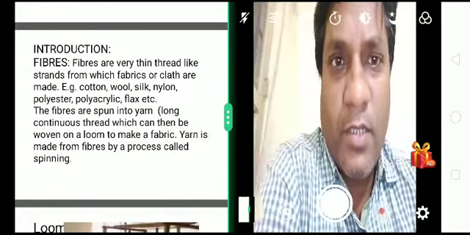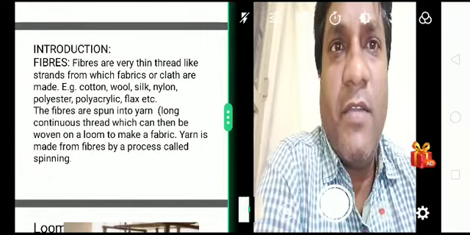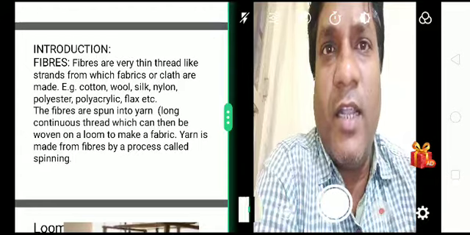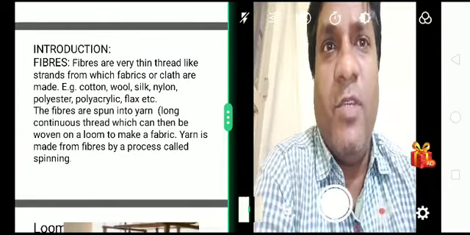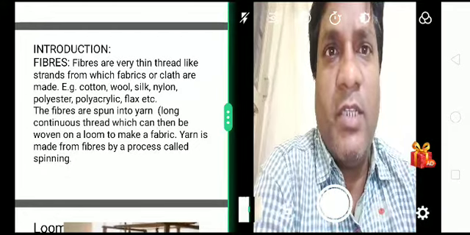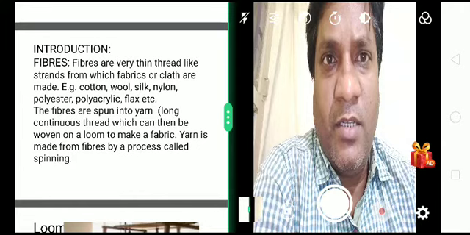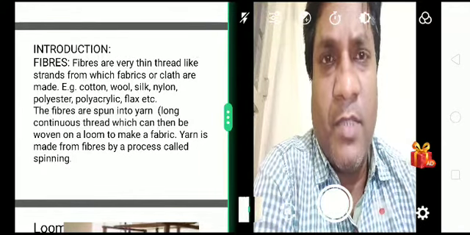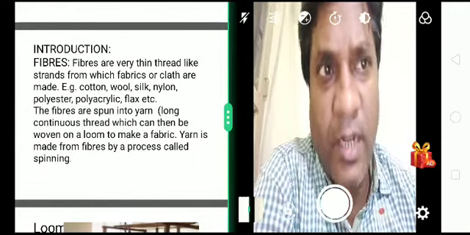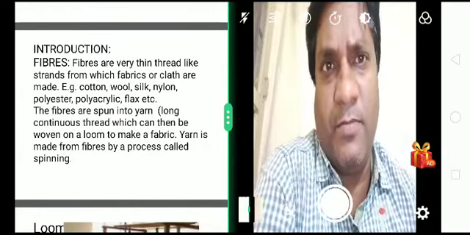So let us first discuss what is meant by fibers. Fibers are very thin thread-like strands from which fabrics or cloth are made. If you have ever seen cotton, then you might have seen that inside the cotton there are very thin thread-like structures which are much thinner than the ordinary thread.